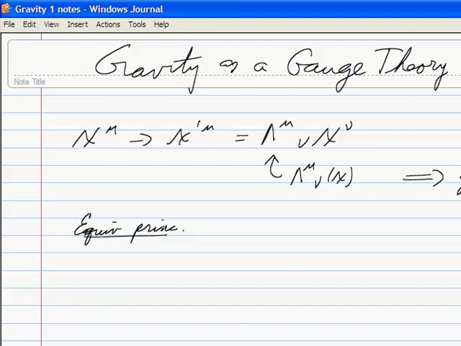If you have a little Einstein elevator, you put a little cartoon person in it, and you accelerate it up, that's locally equivalent to having a big mass beneath it. You're sitting in here, you feel the same gravitational fields.